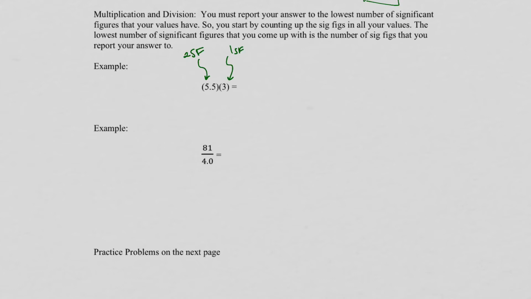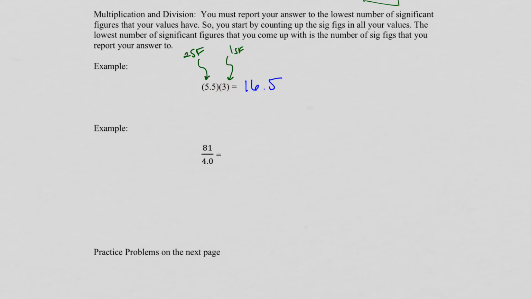So if we do 5.5 times 3, we get 16.5. And that's great. But we can only report our answer to 1 sig fig, because this number right here only has 1 sig fig.